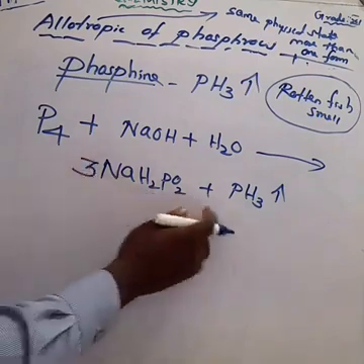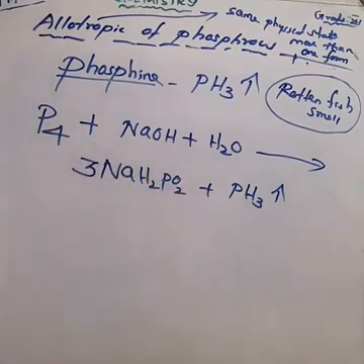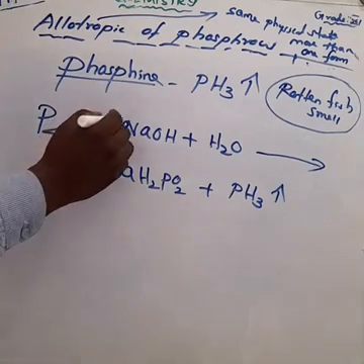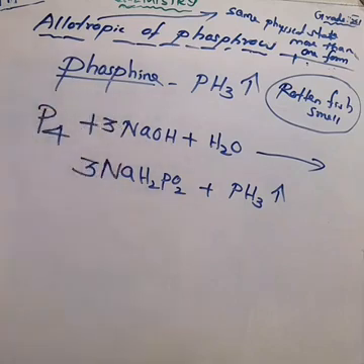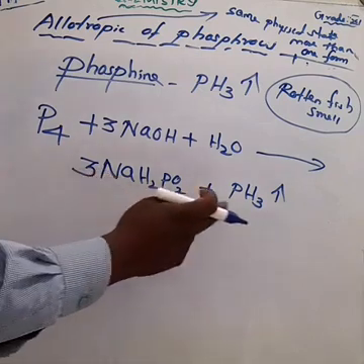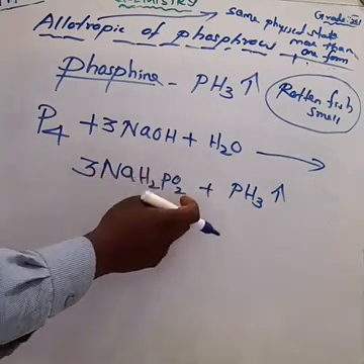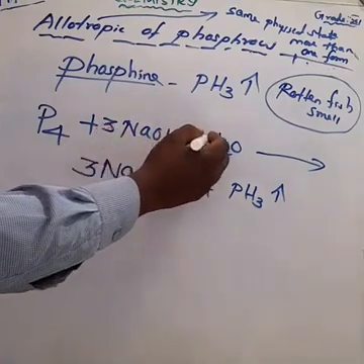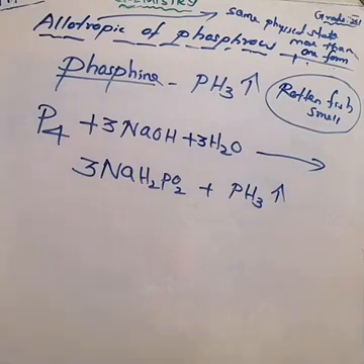Now the phosphorus is balanced. What about the sodium? Make it 3 on the reactant side. Now sodium is balanced. Now on the product side we count the hydrogen: 3 into 2 is equal to 6, and 6 plus 3 is equal to 9. So if you make 3 water molecules, 3 twos are 6, and 6 plus 3 is 9. Now it is balanced.